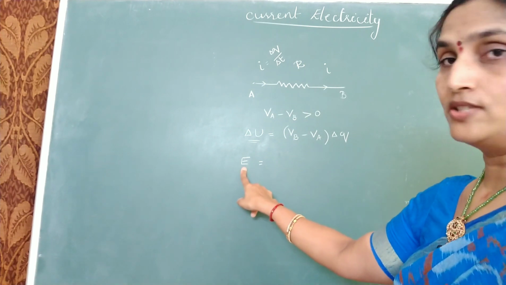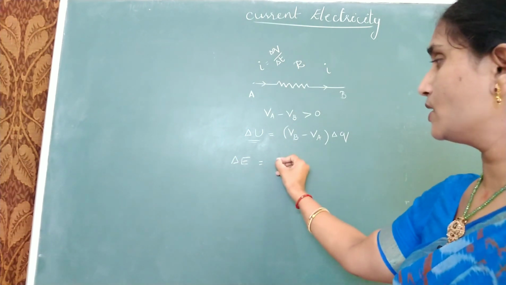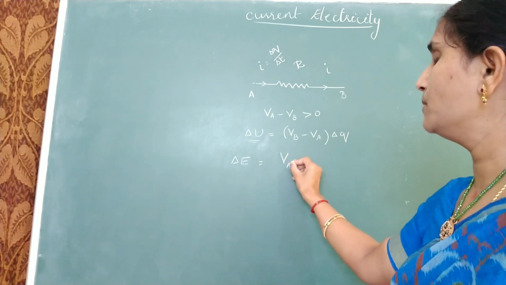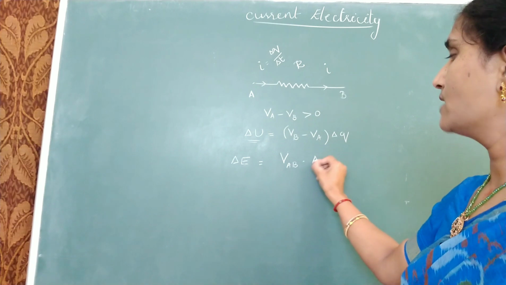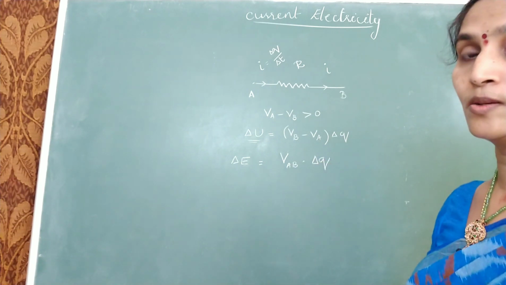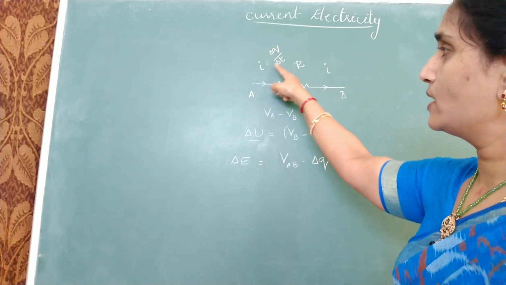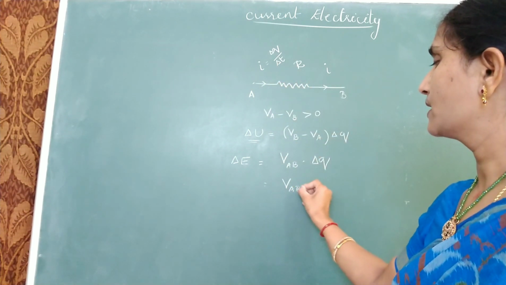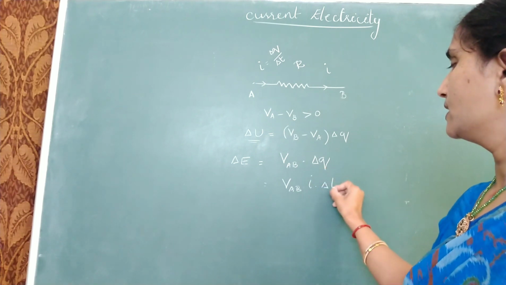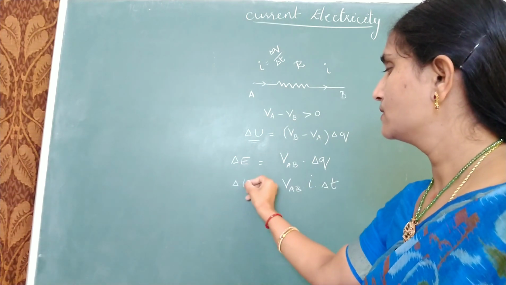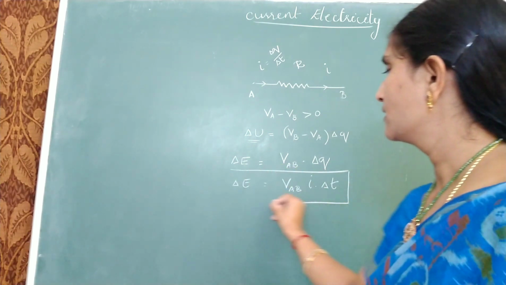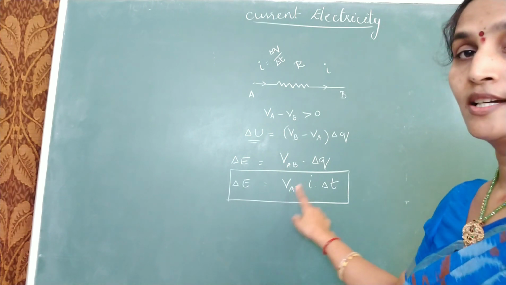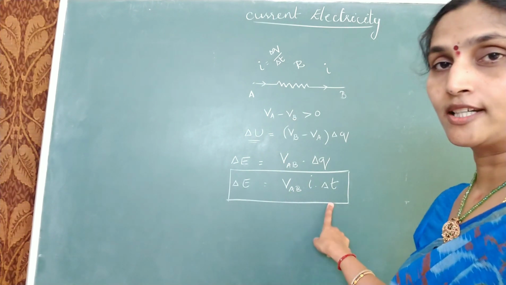So if I write this energy as delta E equals VB minus VA, the potential difference between A and B, into the charge we have moved, delta Q. And can I replace this delta Q as I into delta T? Potential difference into current into delta T. So this gives you the energy dissipated by this particular device, which is potential difference into current multiplied by time.